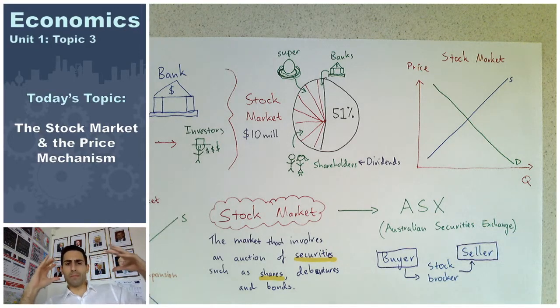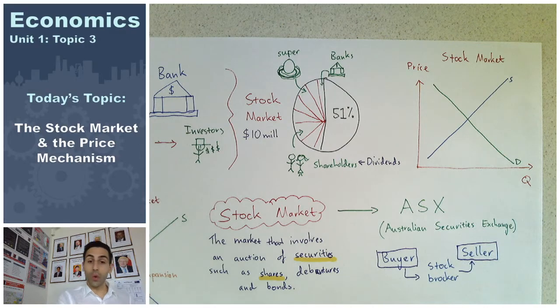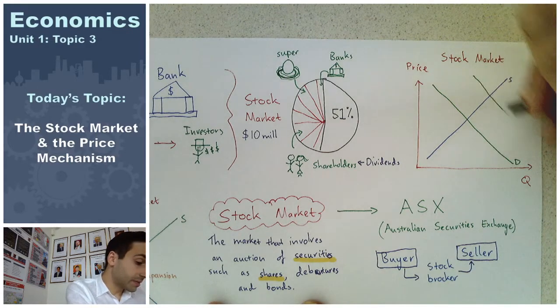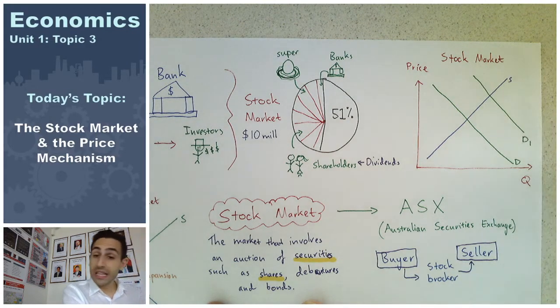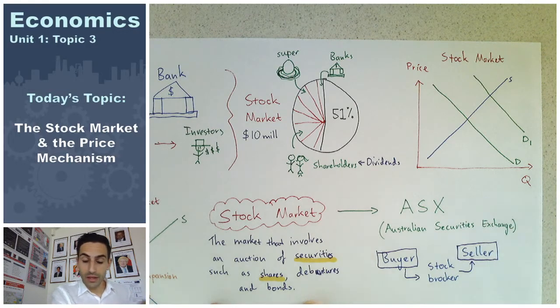And this pharmaceutical company is listed on the stock market. Now, demand for shares for that company is going to absolutely explode as now we are willing and able to buy more shares in that pharmaceutical company.